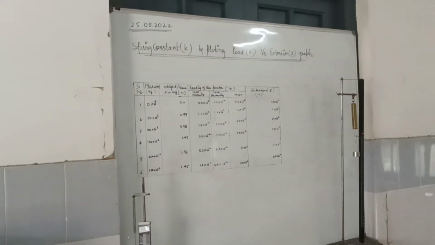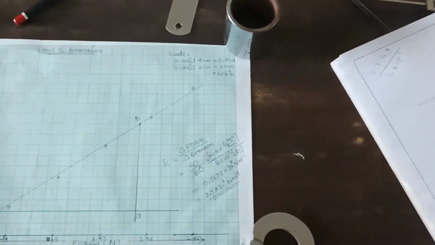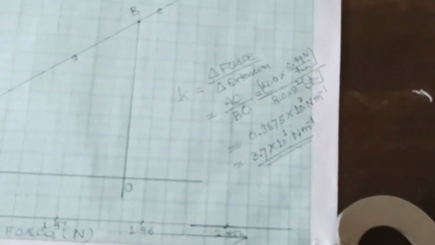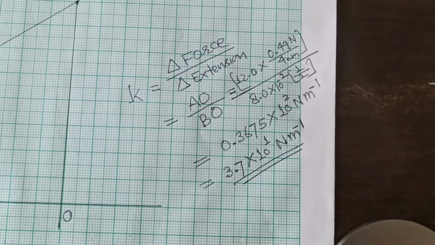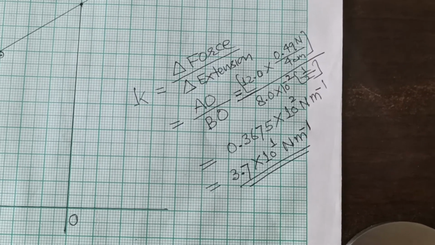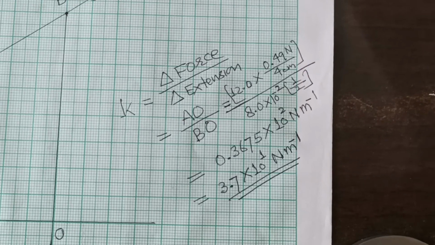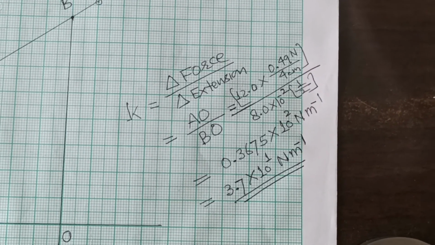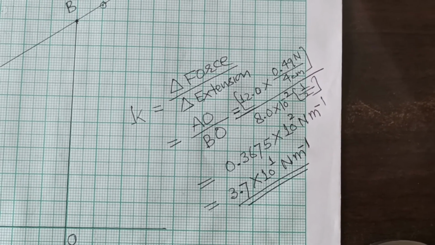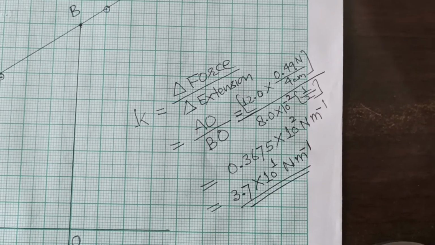So our answer should also be restricted to the same value, and for that purpose we have rounded it off to 3.7 into 10 to the power 1 Newton per meter. In scientific notation we have written this value, and this is the perfect way of writing the final result. This is 3.7 into 10 to the power 1 Newton per meter.